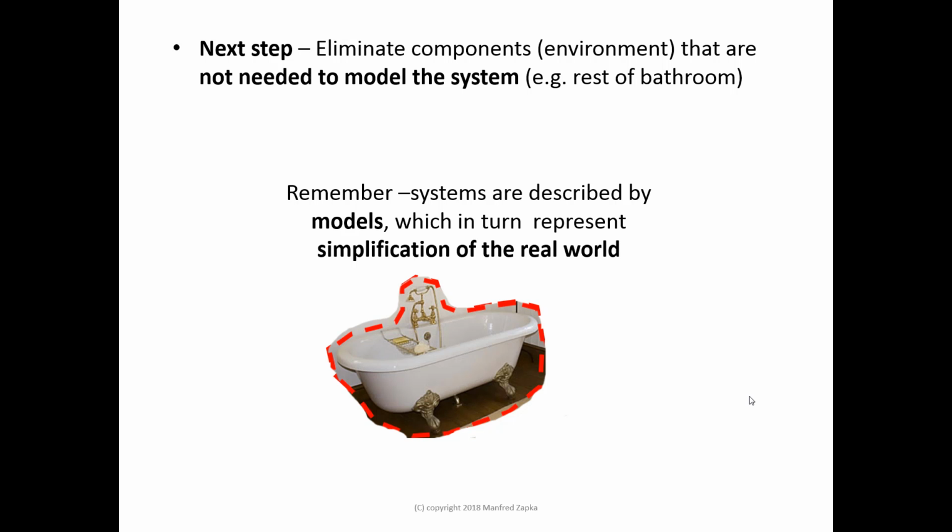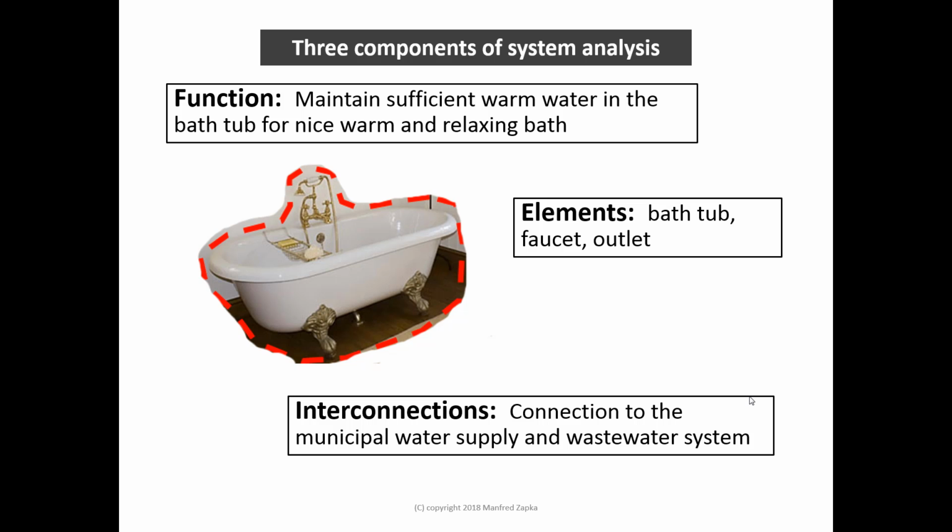Now that we have defined what we have as our system, we have the function. Again, it's to maintain sufficient warm water in the bathtub for a nice warm and relaxing bath. And we have the elements, which are the bathtub, faucets and outlet, and we have interconnections. The interconnections, of course, are the connection to the municipal water supply, because we have to get the water.